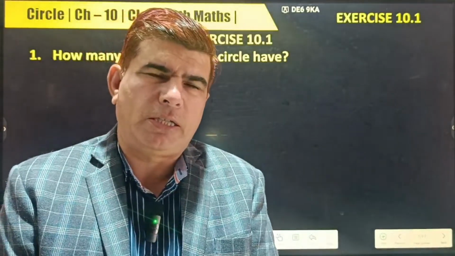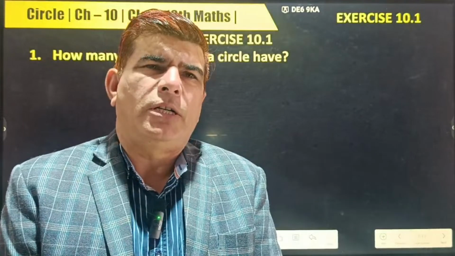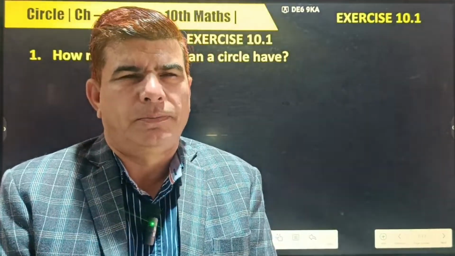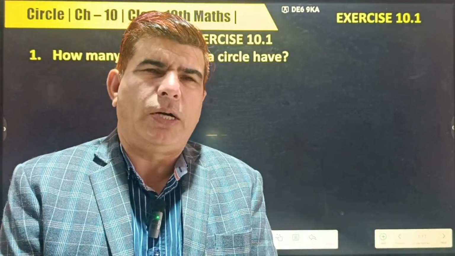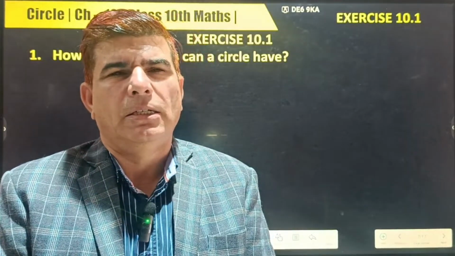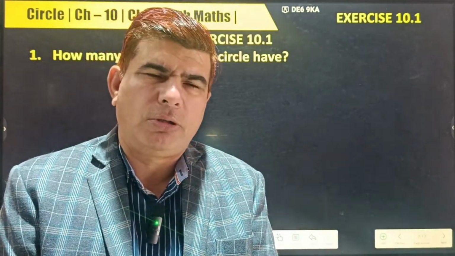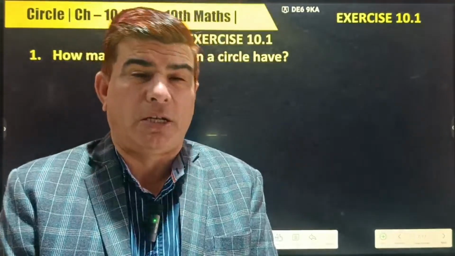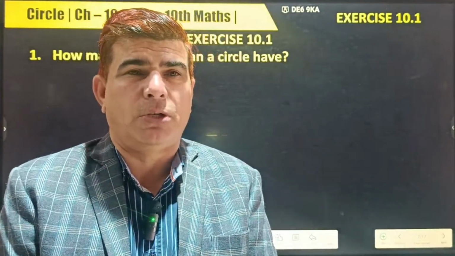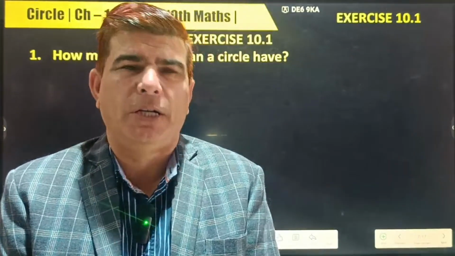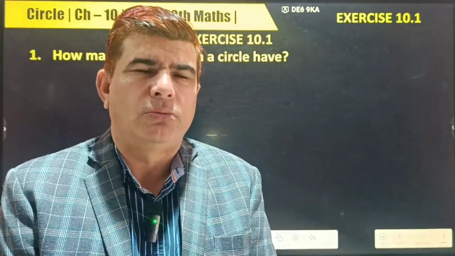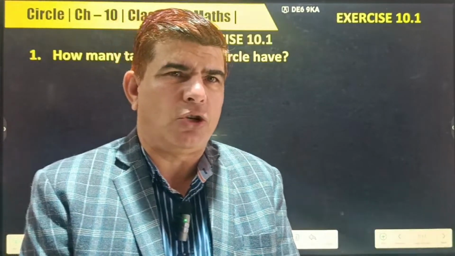Diameter is the longest chord of the circle. We understood what is segment, sector, chord, arc, and circumference, and why the circumference of a circle is 2 pi r. Now we will start the next part.